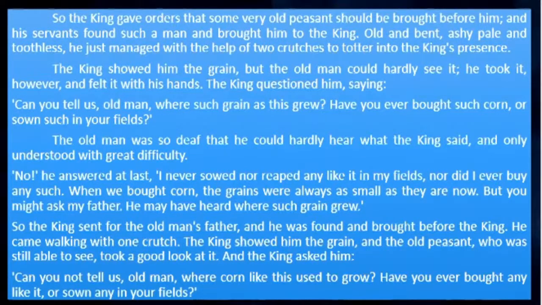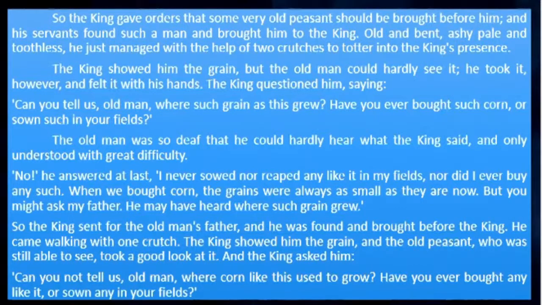The king questioned him, saying, "Can you tell us, old man, where such a grain as this grew? Have you ever bought such corn or sown such in your fields?" The old man was so deaf that he could hardly hear what the king said, and only understood with great difficulty.